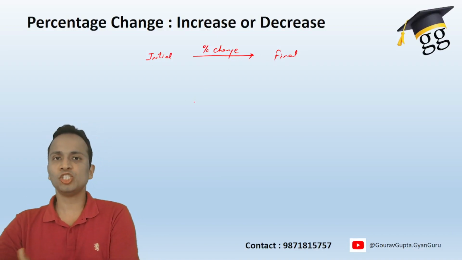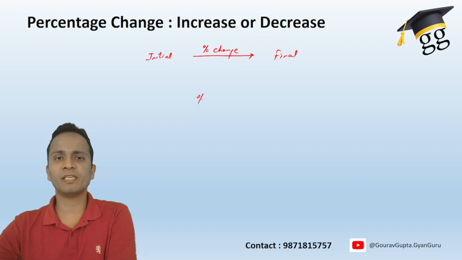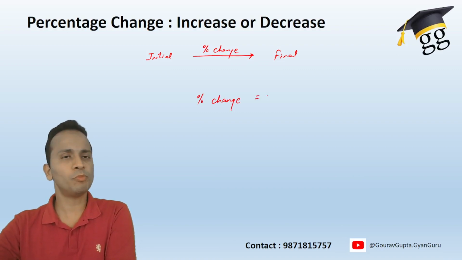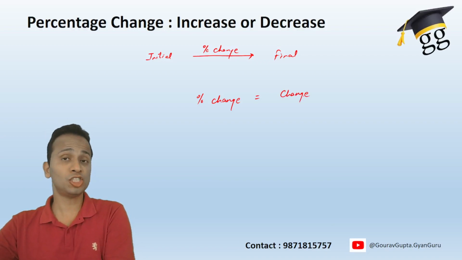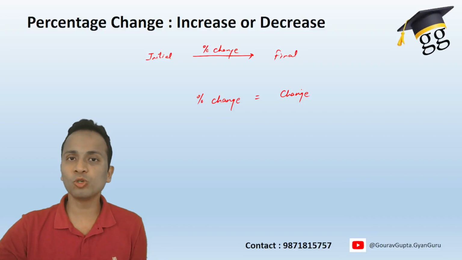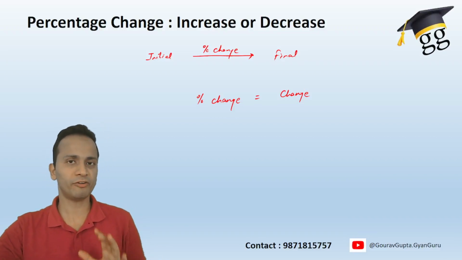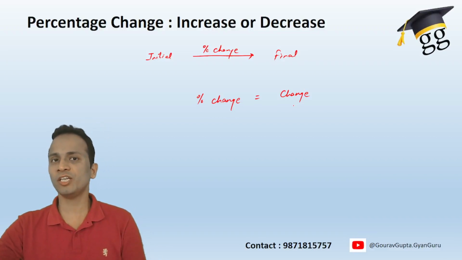So percentage change होता क्या है? We can describe percentage change using a formula. So percentage change is basically the change in value. Change in value ये increase भी हो सकता है और decrease भी हो सकता है, right? So important is change in value.